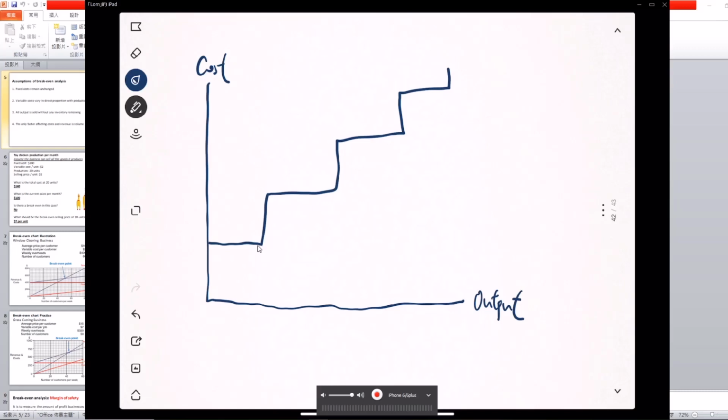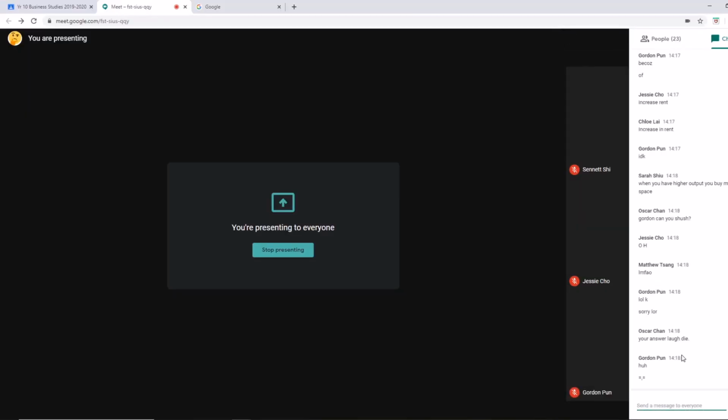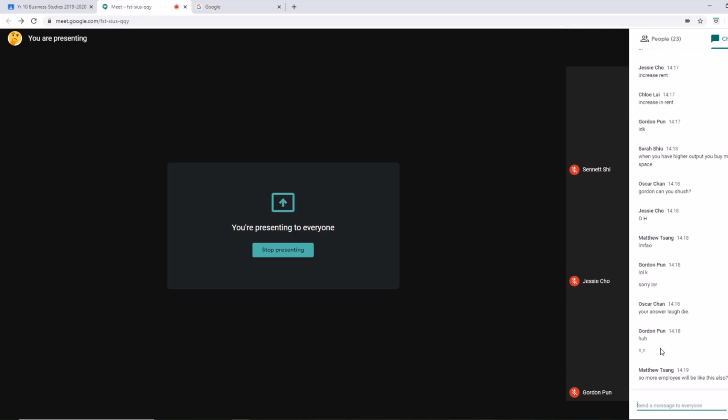That is the point where you feel you need another factory. And if you have your second factory, then the rental cost, of course, goes up immediately, and goes on and on based on the output that you are increasing. That is what you will see in reality.